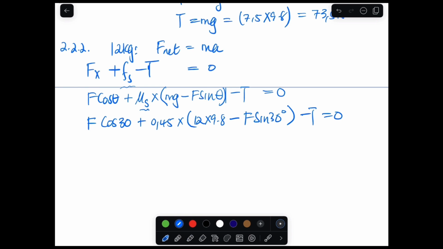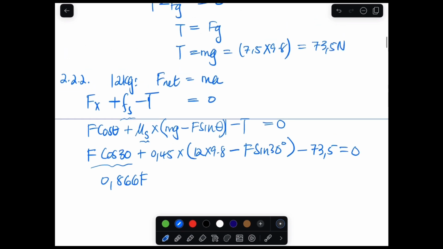So guys, what are we going to have now? If we punch it in a calculator, we will have 0.866 F, and it's very important here, guys, I did not substitute the tension. We do have the tension here, so it's minus 73.5. Where do we get the tension again? We got it here, right?